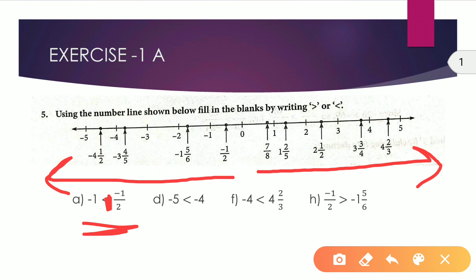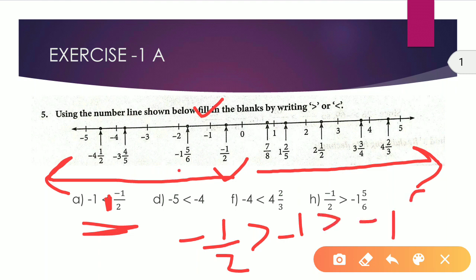So as I have already told you, on the left hand side the numbers are in descending order. Descending means greater to smaller. That means -1 by 2, then -1, and -1 whole 5 by 6 and so on.